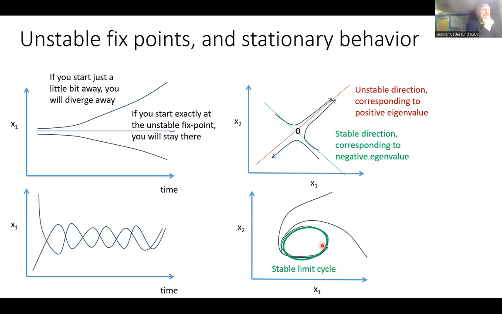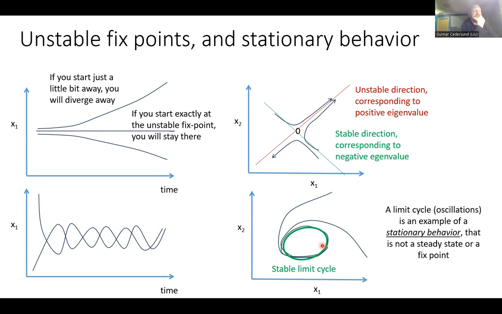And this is basically the sort of final observation for this first video, laying the basis. So a limit cycle is describing oscillations, and it's an example of something called a stationary behavior. So it's not a steady state behavior, because you're not stuck in one place, but you are stuck in a sort of behavior that you never get out of.